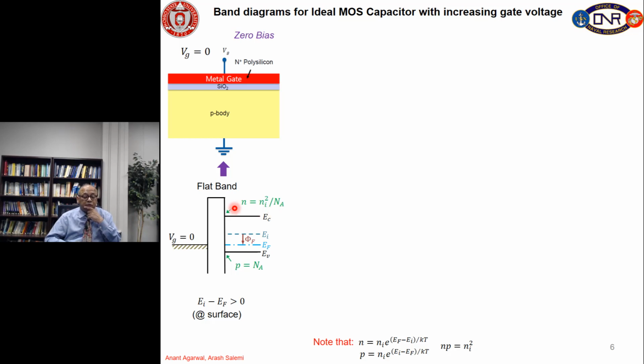So, we have very few electrons, lots of holes, the Fermi level is in the lower half band gap, and this situation is called the flat band condition because all the bands are flat in the semiconductor, and there is 0 voltage. So, there is no charge, there is no voltage anywhere.